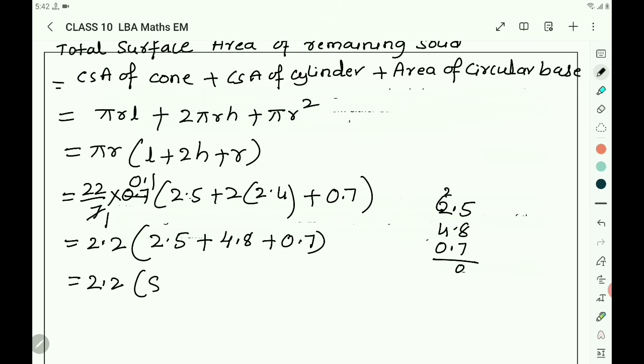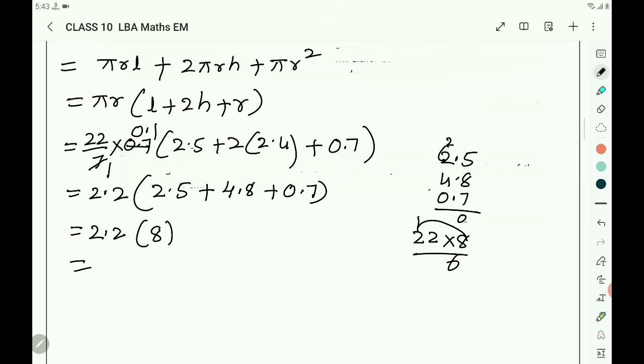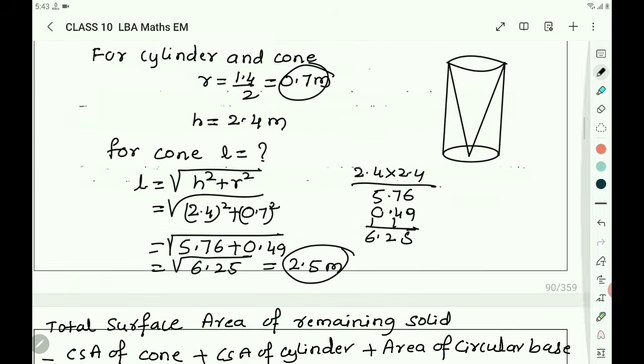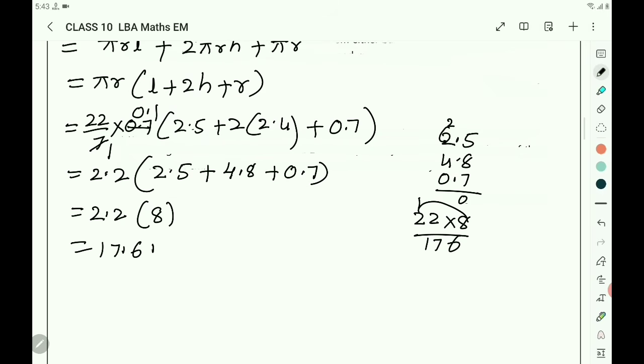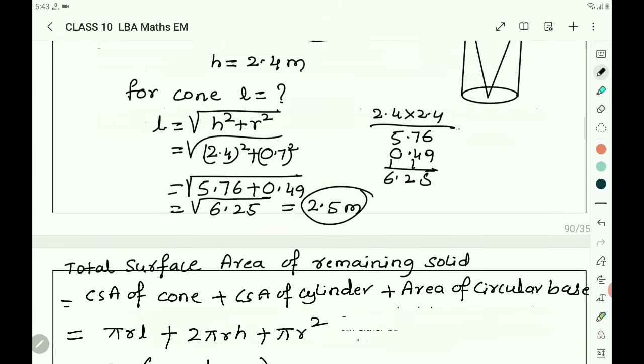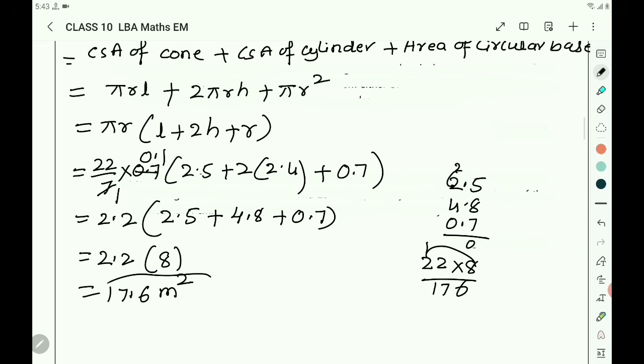So I got 8.0, which is equal to 8. Then 22 into 8 is 176, so you got 17.6 meter square. 17.6 meter square is the total surface area of the remaining solid.